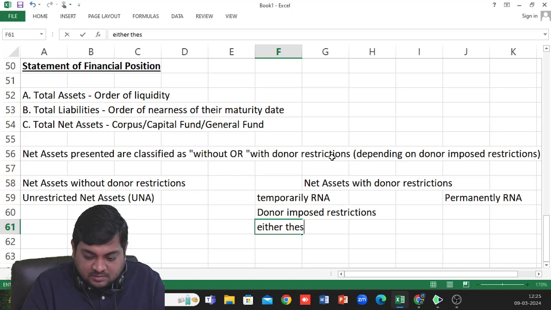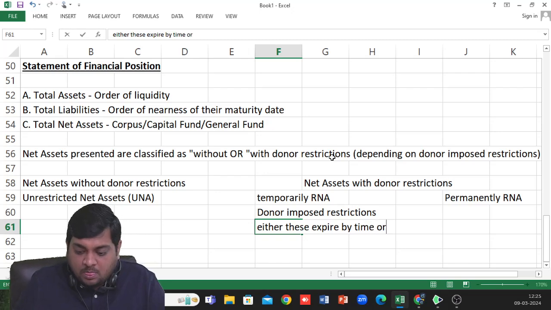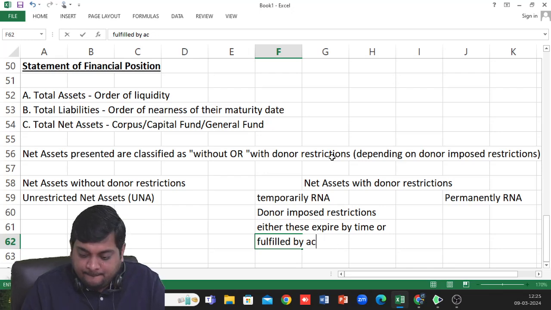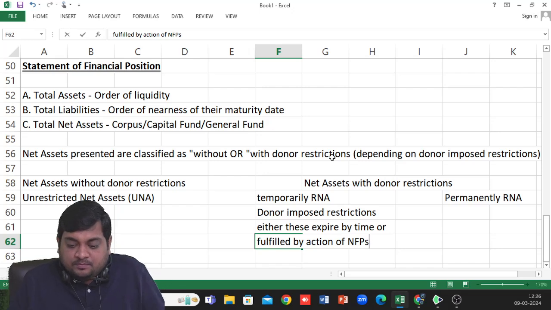Either these expire by time or are fulfilled by action of the not for profit entities.